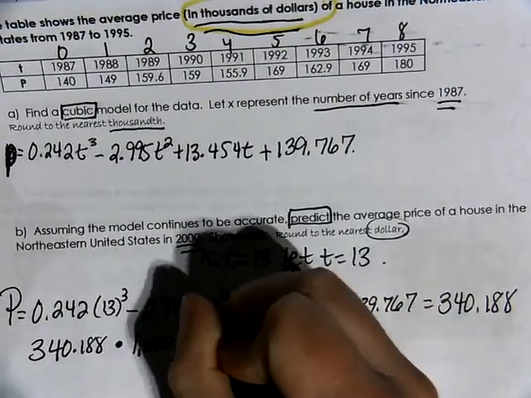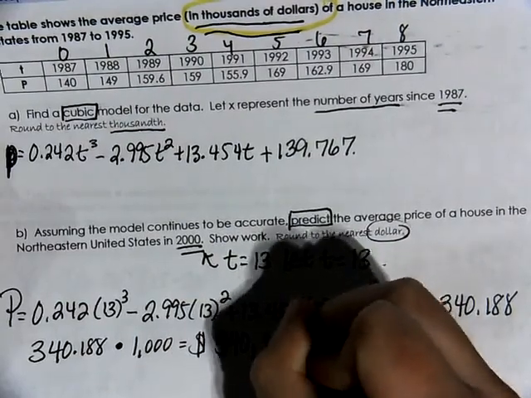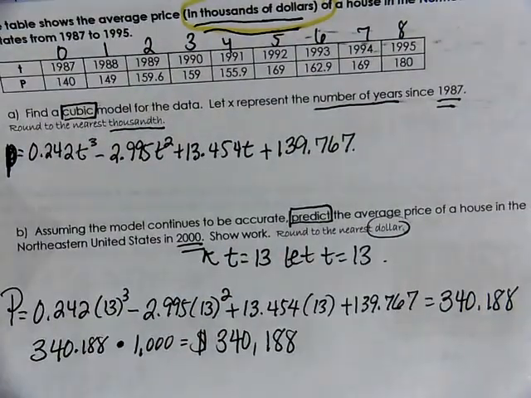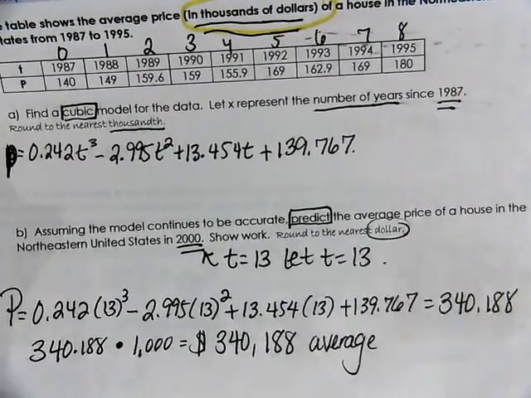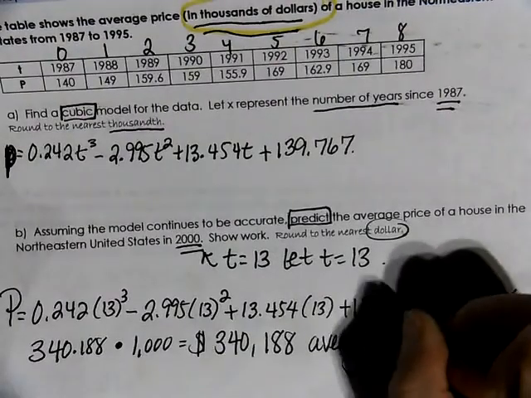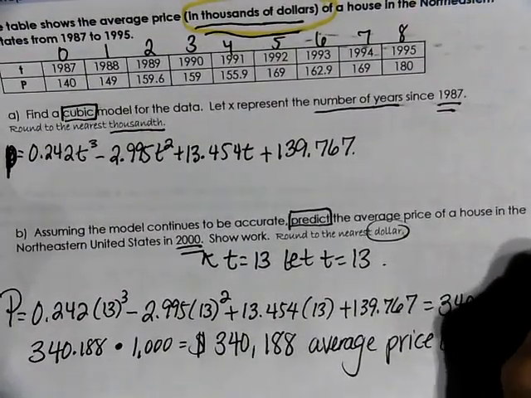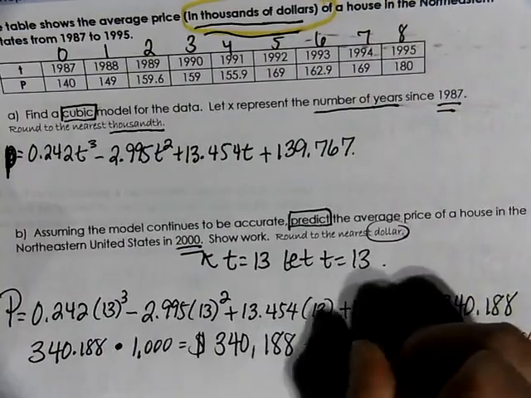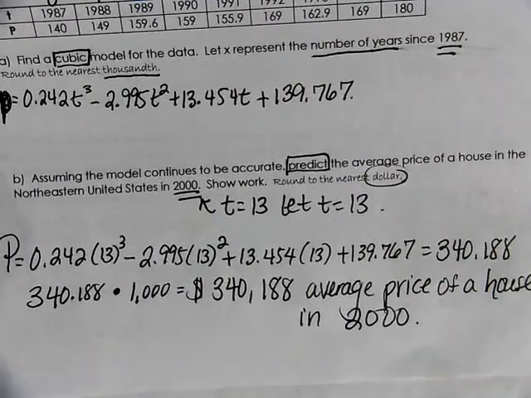And really, the answer is $340,188. That is the average price of a house in the year 2000 in northeastern United States.